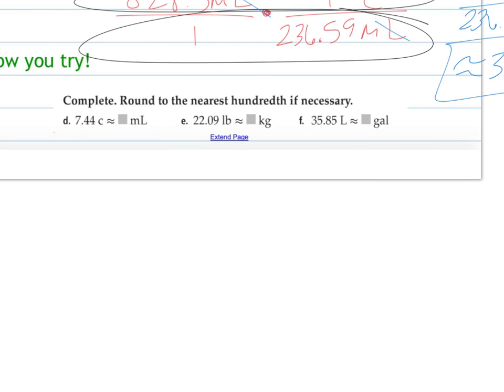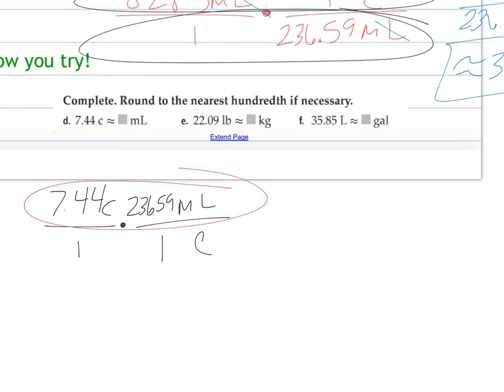Try down here using your information. You might have to go slower. So I have 7 and 44 hundredths of a cup over 1, trying to change that to milliliters, equal to the cups. Again, using my chart, 1 cup equal to this many milliliters, multiply across.